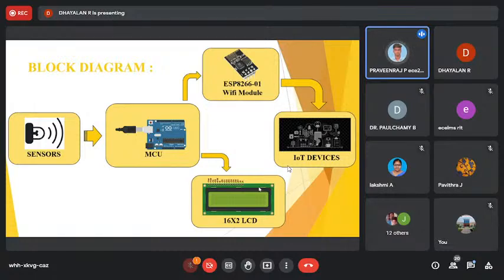First, we use a 16x2 LCD display, in which we display the temperature of the patient's body as well as the beats per minute. Then, using the ESP8266 Wi-Fi module, which operates in the 2.4 gigahertz frequency range, we transfer the data through the internet to the IoT platform.